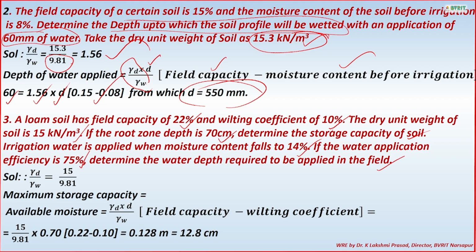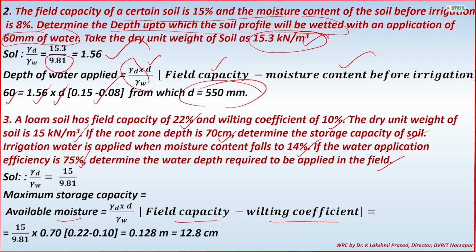So how will we tackle such types of problems? Because equations are fixed. So how I started actually, because the equation is available moisture is equal to gamma D by gamma W into D into field capacity minus wilting coefficient. Whether you call it wilting coefficient or moisture content before irrigation, all are the same actually. If you don't mention anything, wilting coefficient you should give.